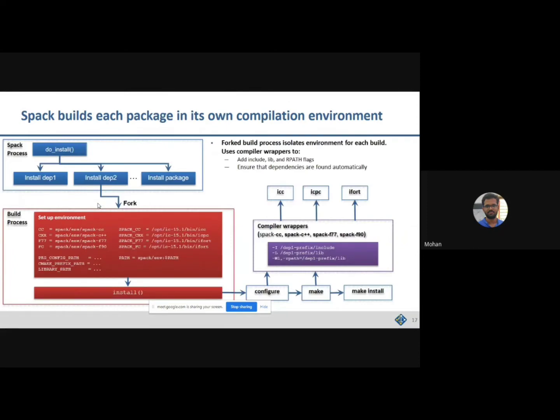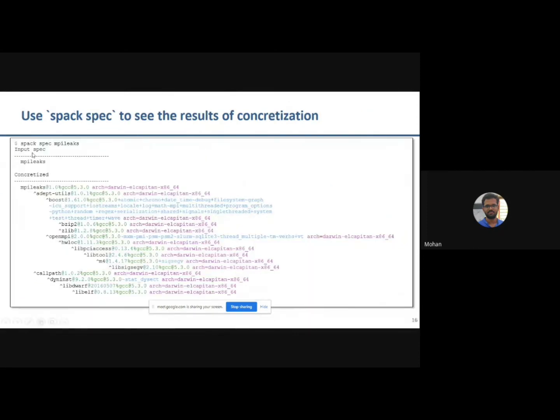So how does this happen? Once you give spack install mpilx, some things can go in parallel because callpath does not depend on the other things. The structure makes sense for parallelization, so it improves build parallelization.